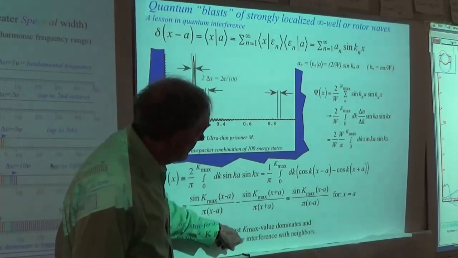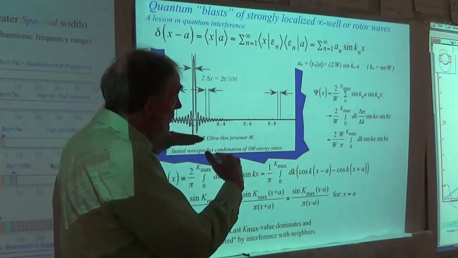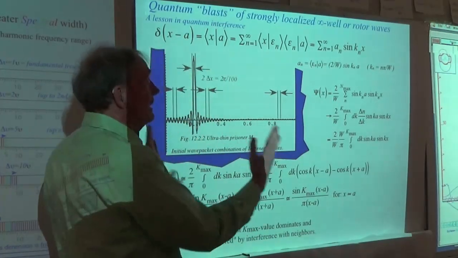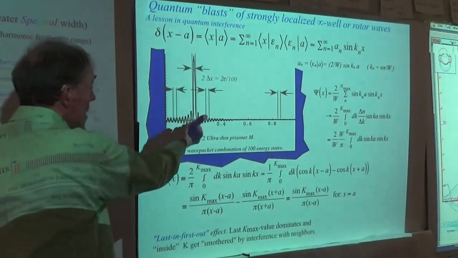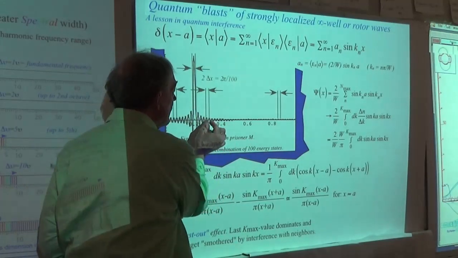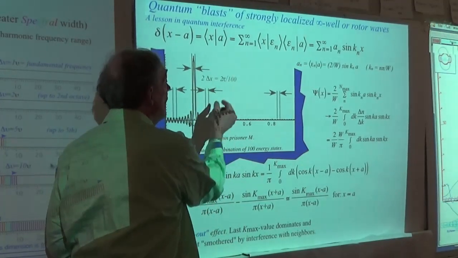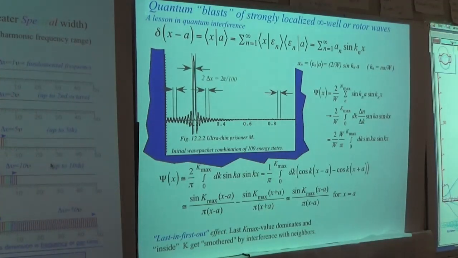All of the other k's get smothered by interference with their neighbors. So that's what's so weird about always adding up and then cutting it off. This is the boxcar spectrum that we're using to make this thing. And you end up with hair on the sides, but the hair is all of the 100th wave number.